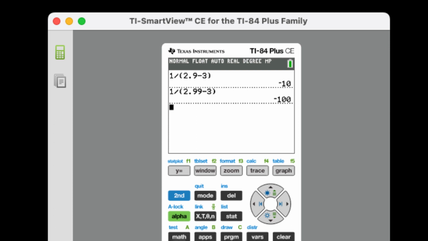What do you end up with? Negative 100. Okay. Now get even closer. 1 divided by 2.999. That's pretty close to 3 from the left. Close that. And what do you end up with? Negative 1,000.